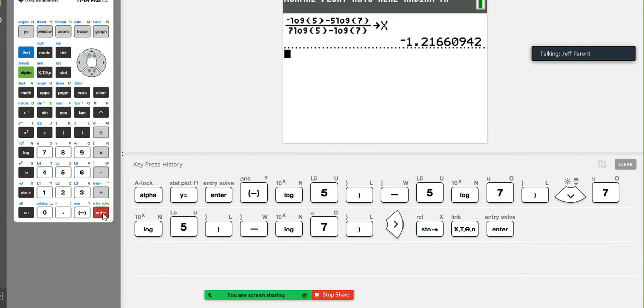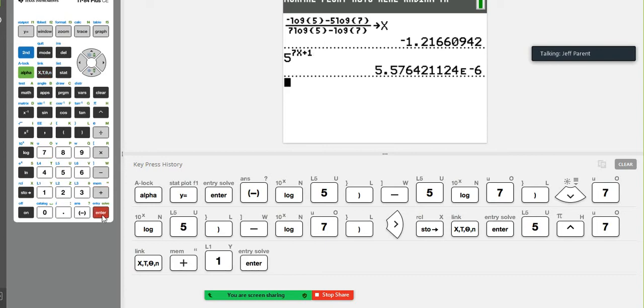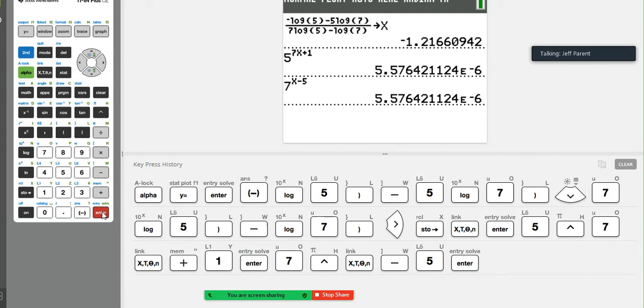Because the left-hand side of the equation was 5 raised to the 7x plus 1, and it should give me some big ugly number, actually a really small ugly number. And then 7 raised to the x minus 5 should also give me that same ugly number. And it does. So you can feel pretty confident in your solution at that point.